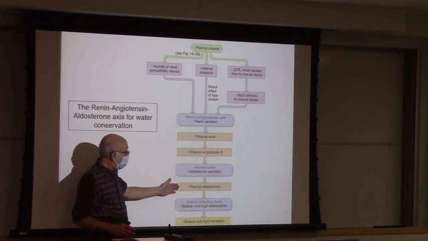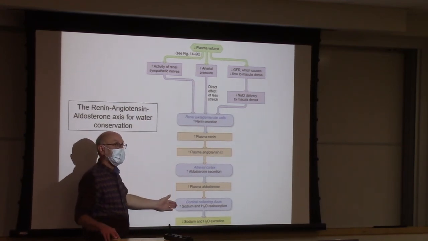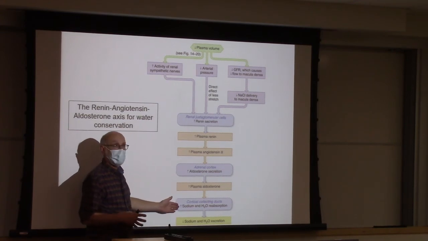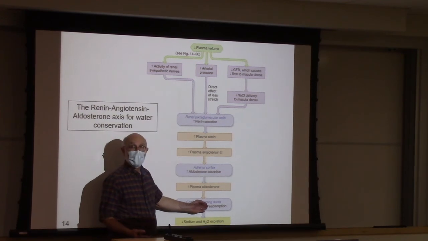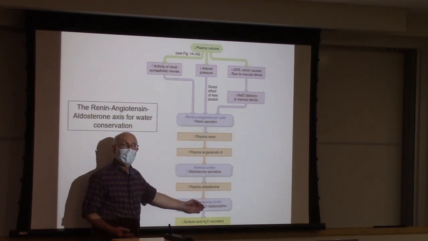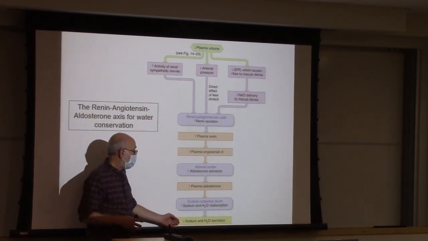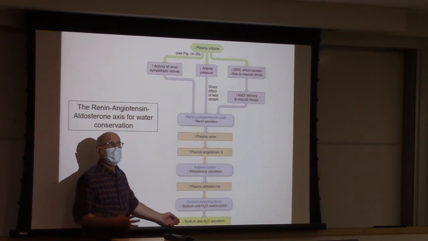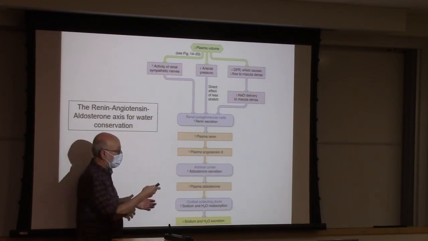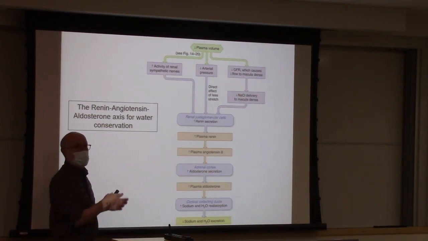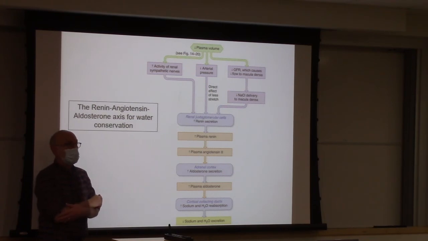So aldosterone increases the reabsorption of sodium at the loop of Henle and assists in the reabsorption of water. Reabsorption of water is going to decrease excretion, or retain water, which will increase blood volume and try to correct the defect, whether it's intentional by donating blood or non-intentional through an injury or dehydration.